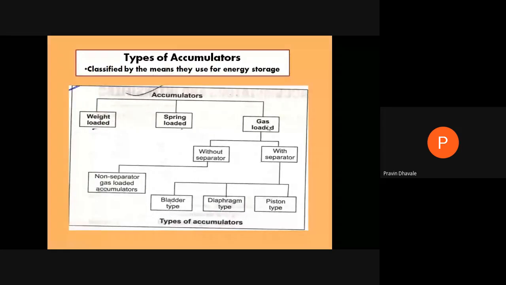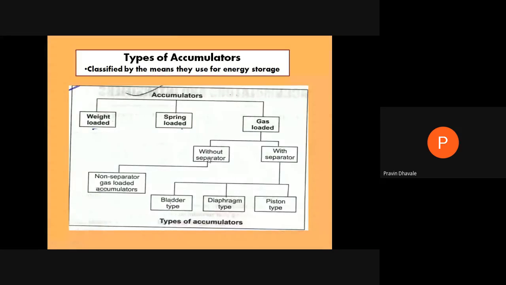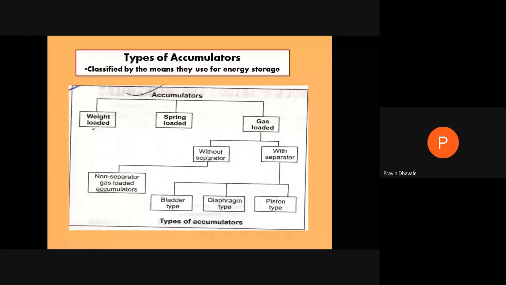Now this gas loaded accumulator is again divided into two types. First one is without separator, and second one is with separator. If we consider without separator, there is no membrane or film between the gas and the fluid or oil.